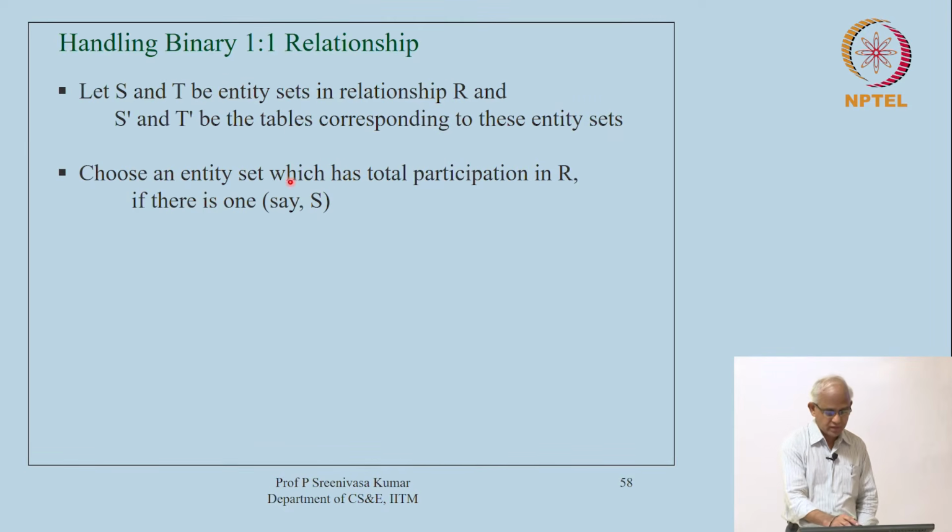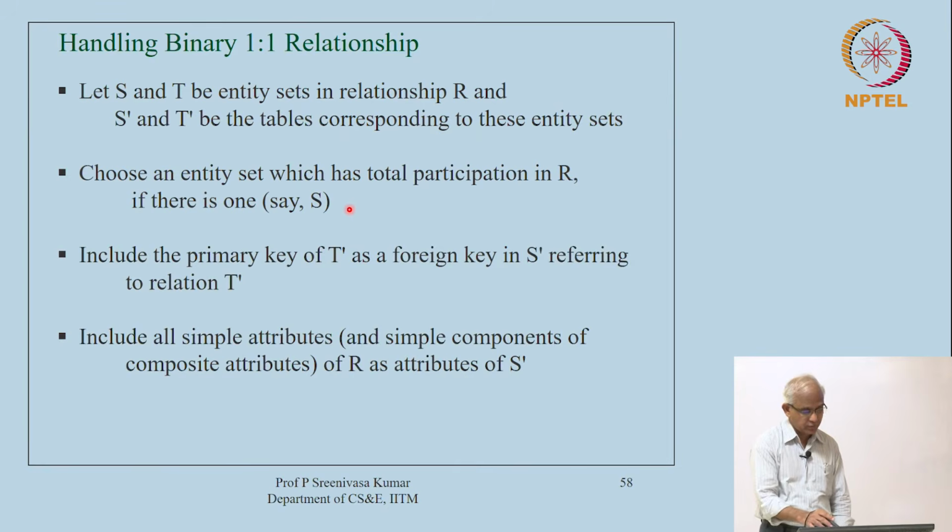Let us choose an entity which has a total participation in R. One of them is likely to have a total participation. Let us say S has a total participation. Then in this case, what we can do is include the primary key of T prime, the other relation, as a foreign key in S prime, referring to the table T prime.